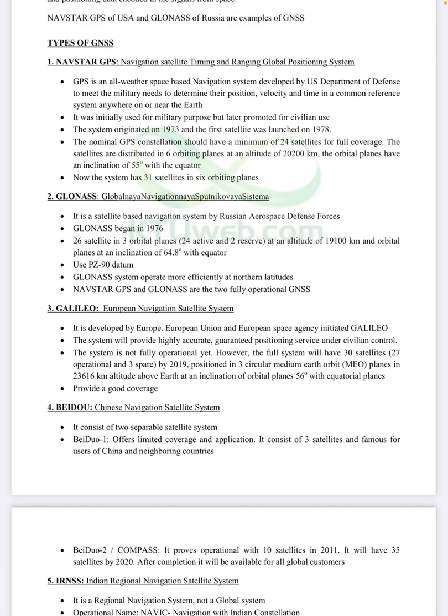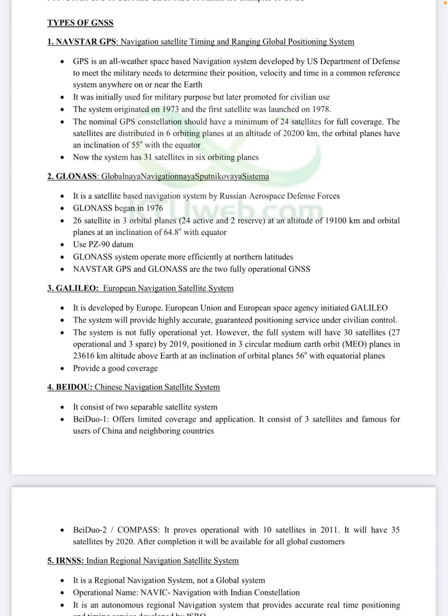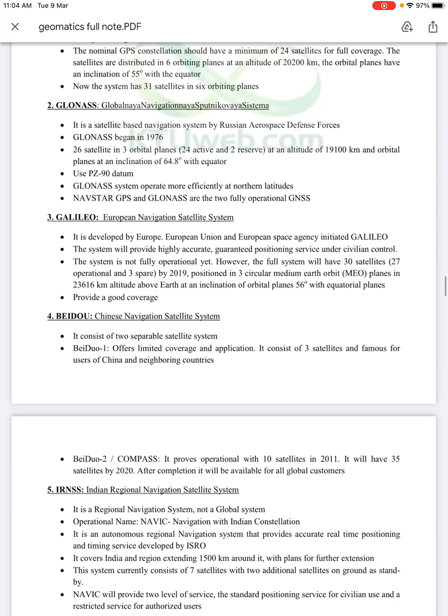GLONASS began in 1976 and has 26 satellites in 3 orbital planes, 24 active and 2 reserves, at an altitude of 19,100 kilometers and an inclination of 64.8 degrees to the equator. It uses the PZ-90 datum, and the GLONASS system is more efficient at northern latitudes. So GLONASS and Navstar are the main fully operational global navigation satellite systems.